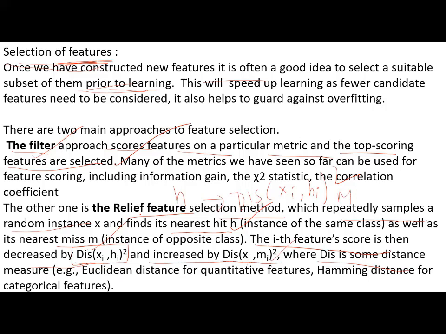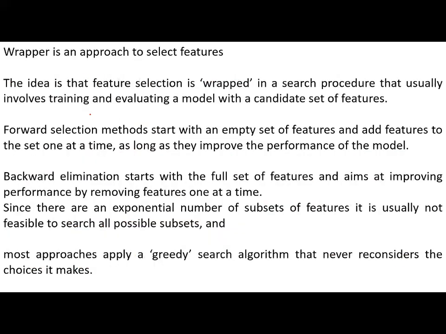So this is the relief feature selection method, and this is called filter. A filter takes some metric, and the top scoring features are selected. As simple as this. This is called selection of features.